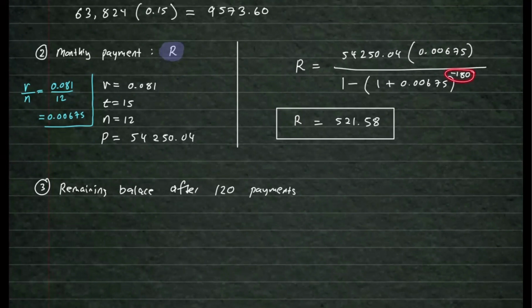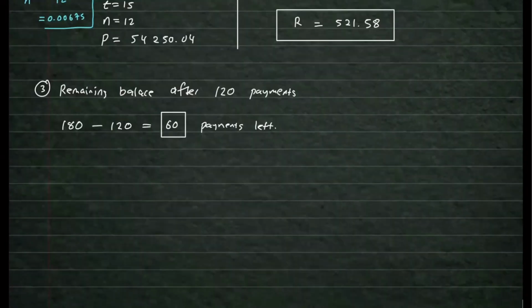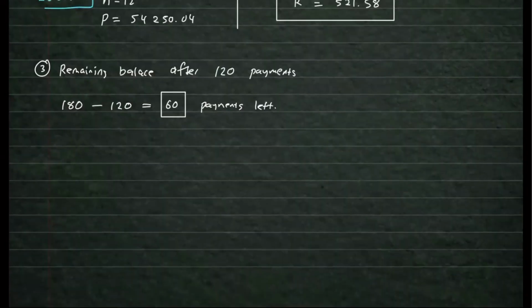That's the number we have here. So we know they're going to be making 180 payments, but they only paid up to 120. So there are still 60 payments left on the loan. So this is how you're going to calculate the remaining balance on the loan.